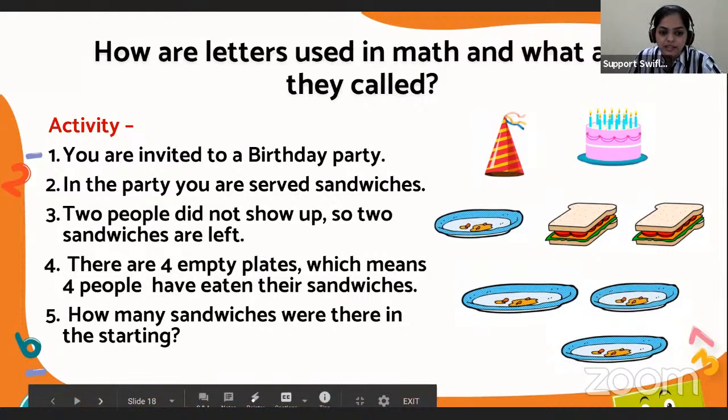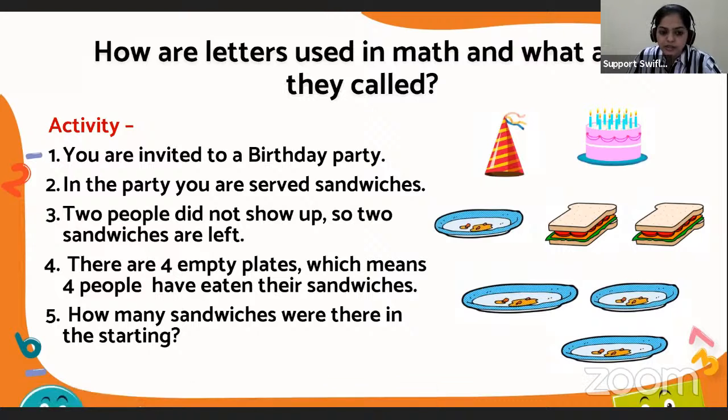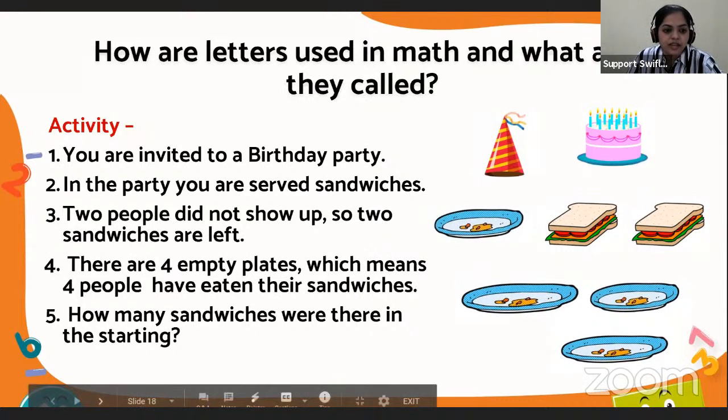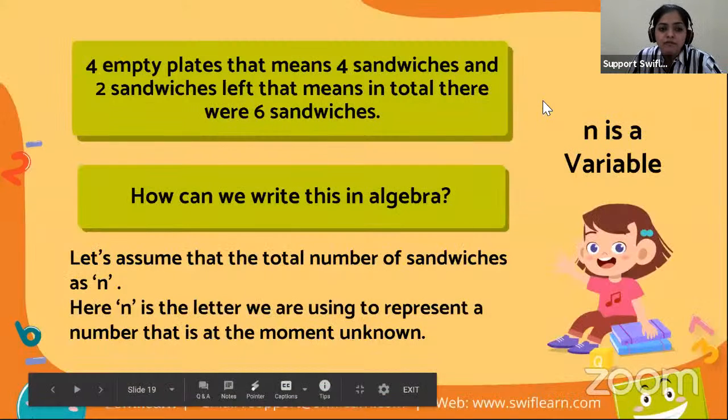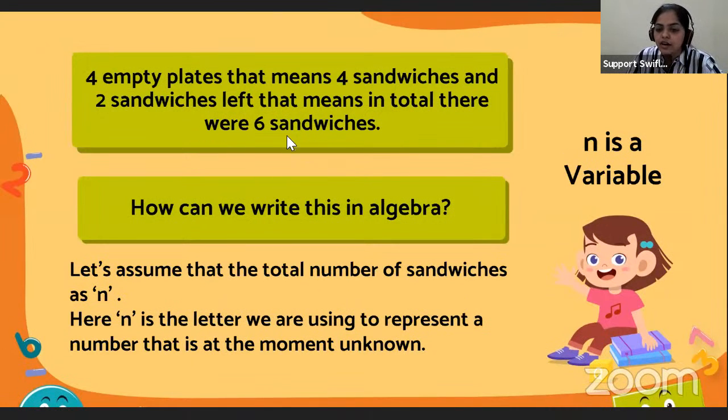Let's try to solve this together. Okay. So we have 4 empty plates, which means 4 sandwiches, and 2 sandwiches left. That means in total there are how many sandwiches? 6 sandwiches: the 4 sandwiches from the empty plates and the 2 sandwiches that are left.